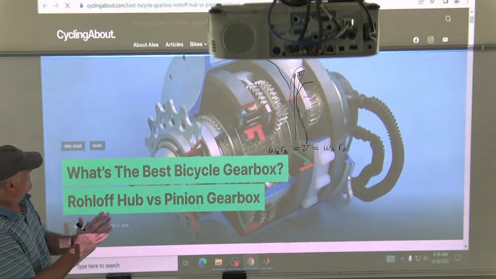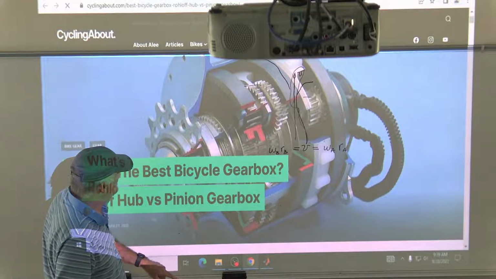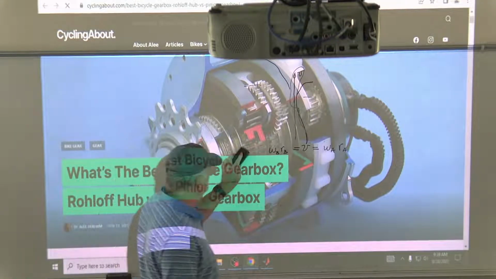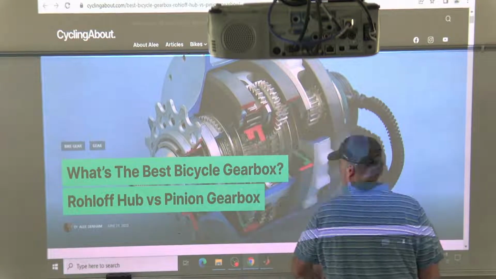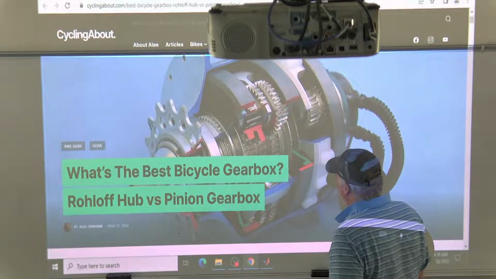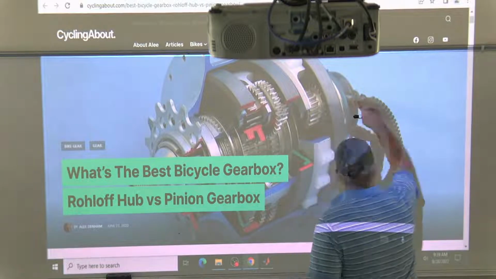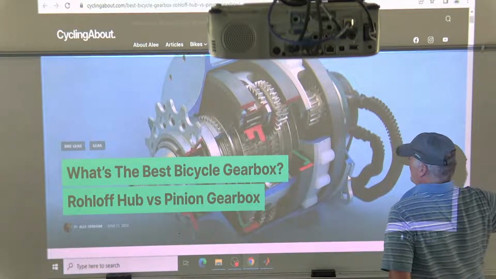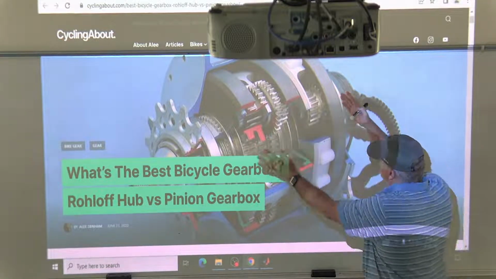The beauty of this is there's one chain, and this is much smaller than the picture, by the way. I think it's a 14 gear. Internal to this, there's a little cable that goes up to your shifter up here, so you can switch gears, and all the gear shifting happens in here.